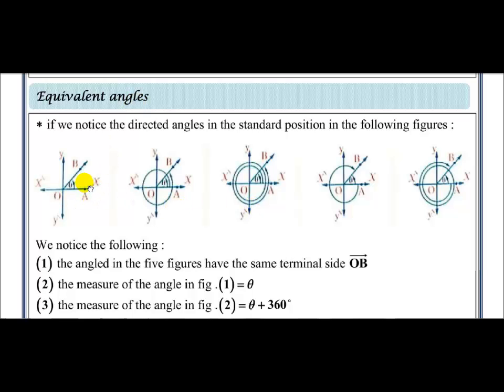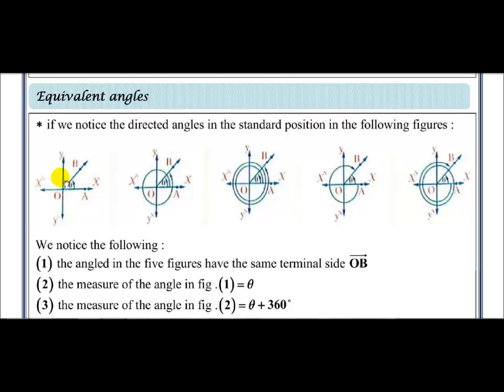Okay, next part: equivalent angles. Let us look at these figures and notice something. When I draw a directed angle in the standard position like this, I start from the initial and rotate to OB, which is the terminal side.